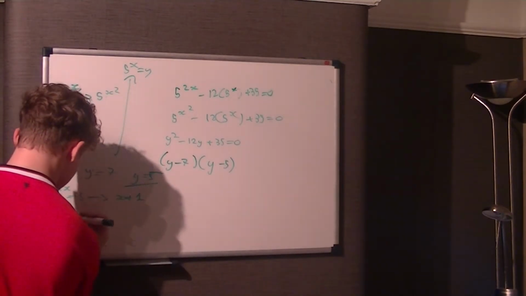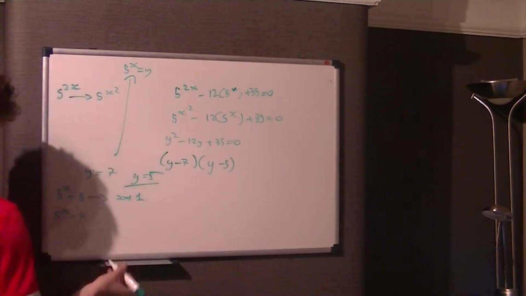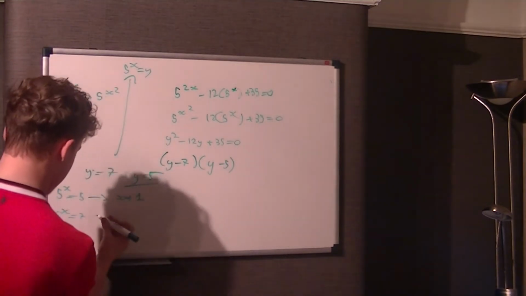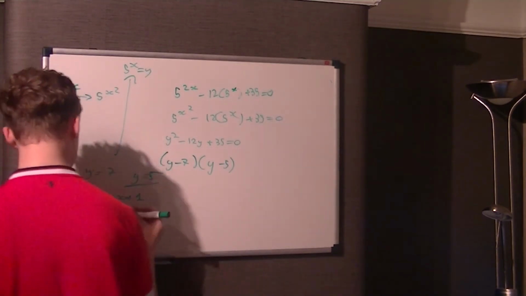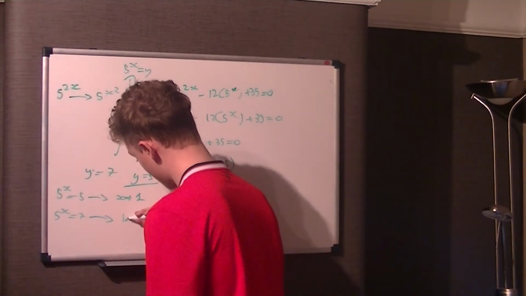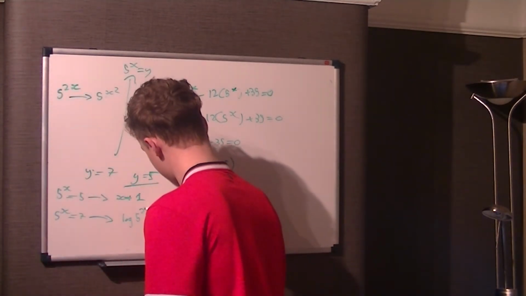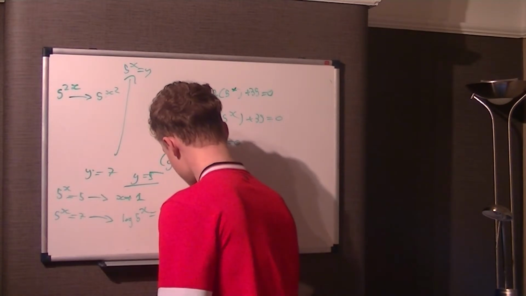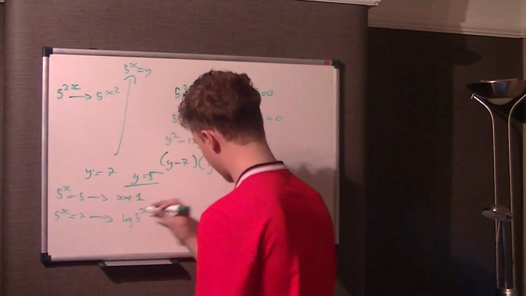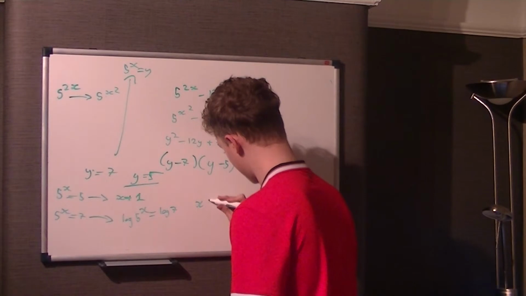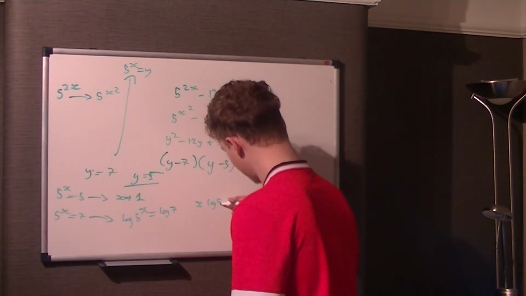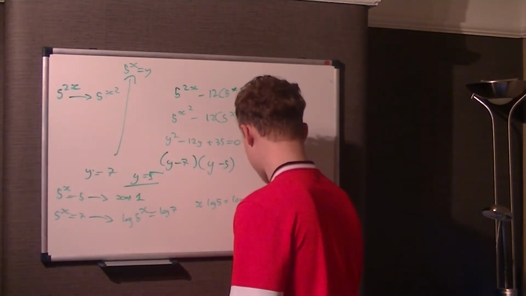This 7 is going to be a bit harder. So 5 to the x equals 7. We can't do 1, because it's already taken 5. So we have to log both sides as we did before. Log 5 to the x equals log 7, and bring the x to the front, so x times log 5 equals log 7.